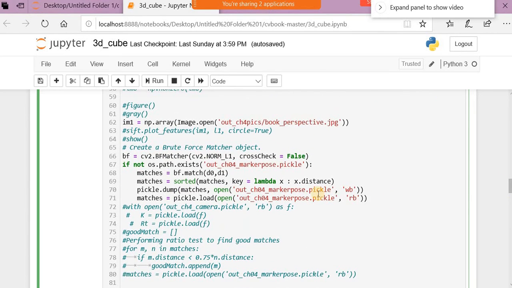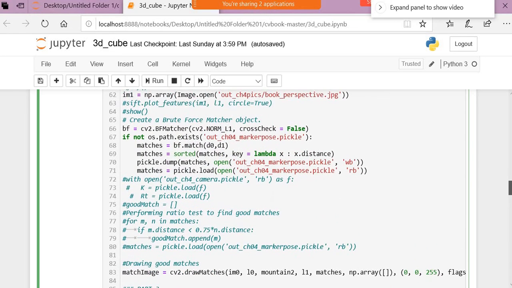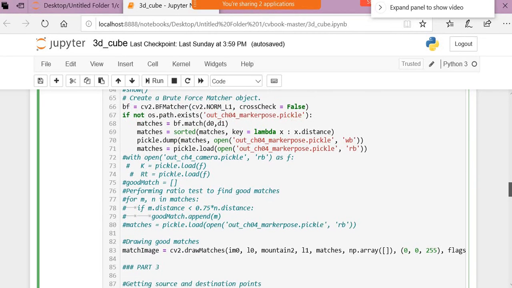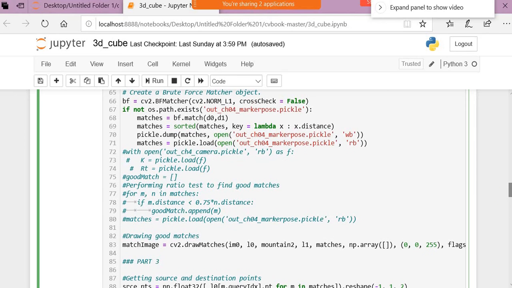Now, in order to create the homography, first you have to take the key points which are perfect in nature. So you have to apply the brute force matcher object. This one is already elaborated by me. And having the distance, you have to take all of the best distances and store them in the pickle object. Pickle is the functionality provided by Python in which you can dump all of the key point features such that you can use them once again if you run the code.